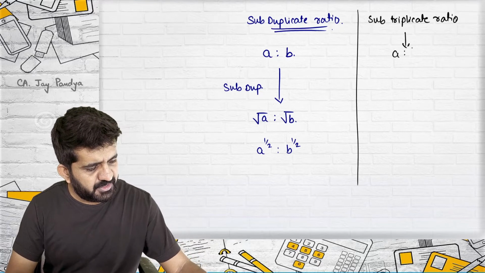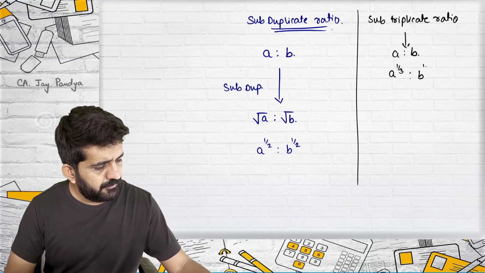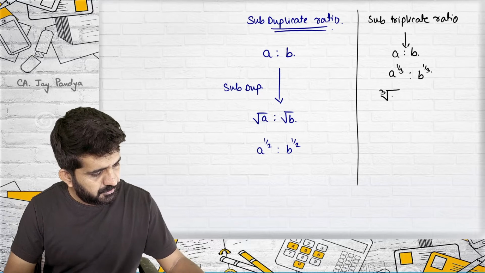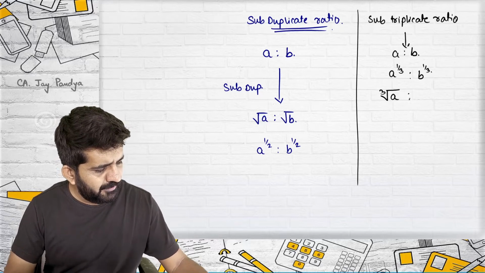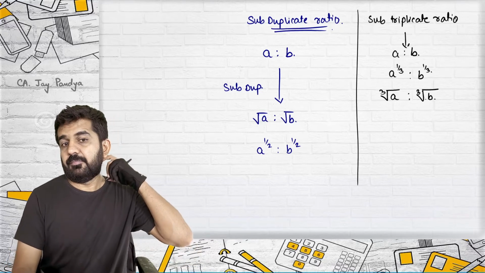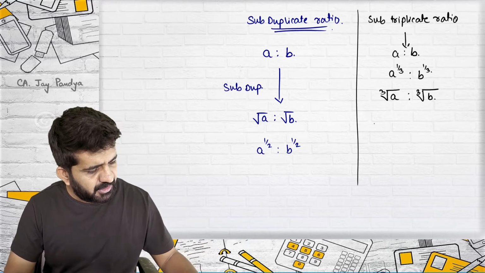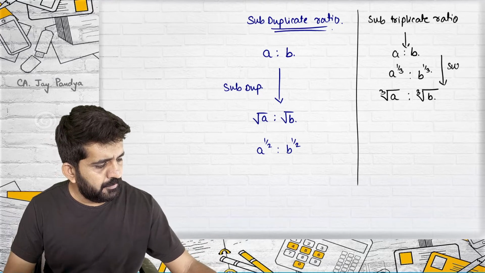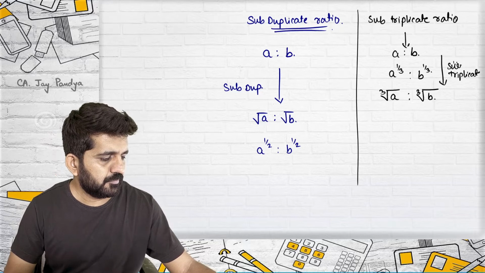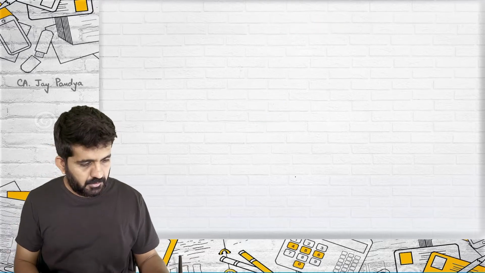If the ratio is A is to B, it is A raised to 1/3 is to B raised to 1/3, which is nothing but cube root A is to cube root B. This is nothing but subtriplicate ratio.